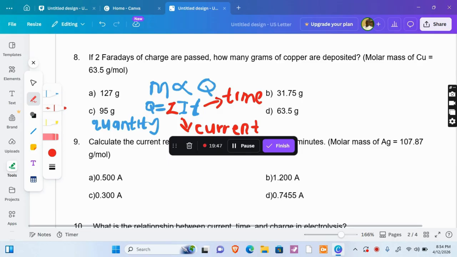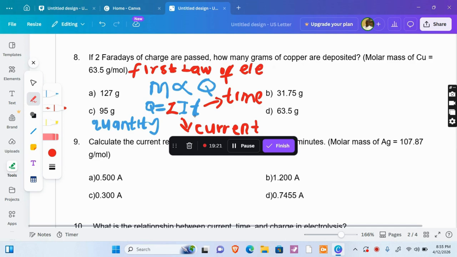Now let's state Faraday's second law. This is the first. Michael Faraday's first law of electrolysis, that we just stated here.